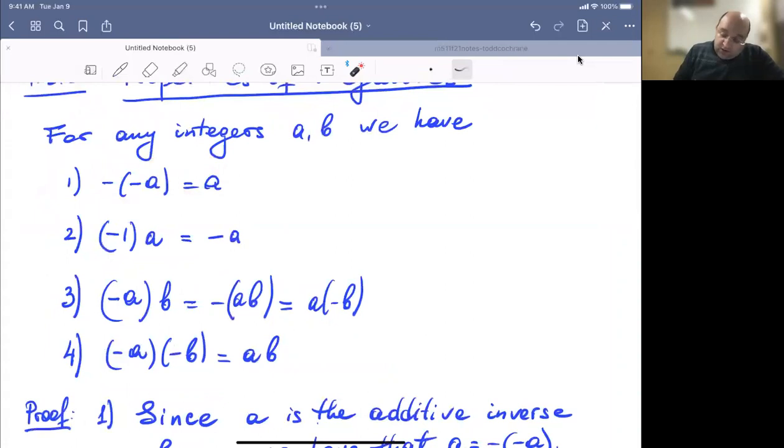If you multiply A by -1, you get negative A. So what's the meaning of this? The meaning is that -1 is the additive inverse of 1, and you're multiplying that by A. What you get is an additive inverse of A, and so on. So you get other familiar properties of the integers. You can look up in the book and see how they're proved. We'll just go over some of them.